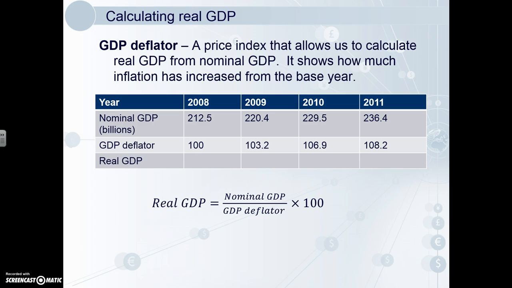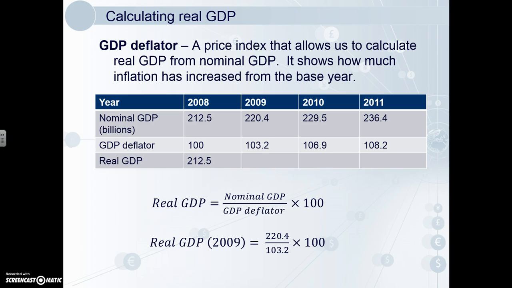So real GDP for 2008 is $212.5 billion. It's exactly the same as nominal GDP because prices haven't gone up. You can check that by entering that into the equation. Now, let's look at 2009. All we have to do is plug in the numbers. So nominal GDP is $220.4 billion and the GDP deflator is 103.2.